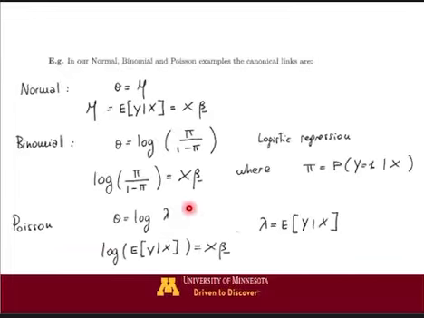Let me tell you this. If I want to know a proper relationship between the mean and the variance, then I need to use the exponential family. Because if you look at the linear regression, the assumption is that the variance of the response does not depend on the mean.